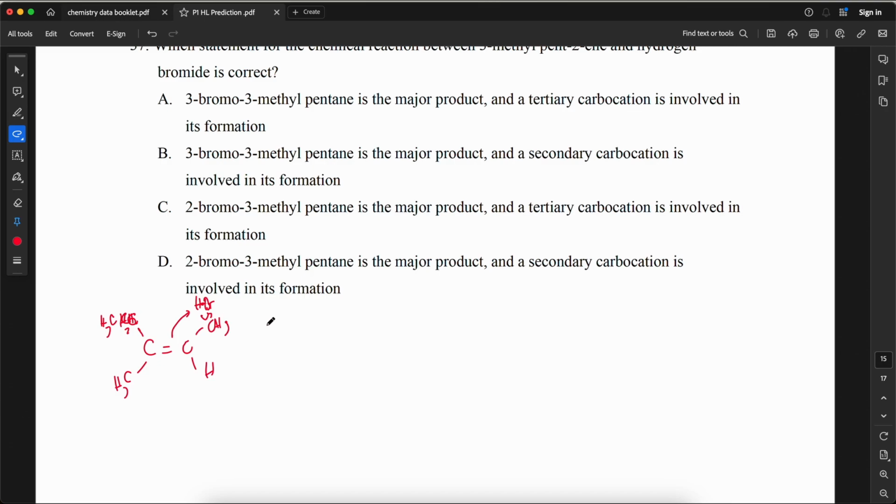Okay, so now there are two possibilities. So let's do the first.